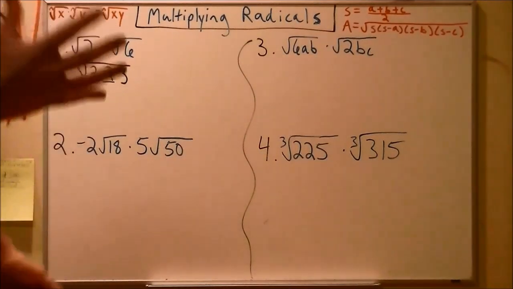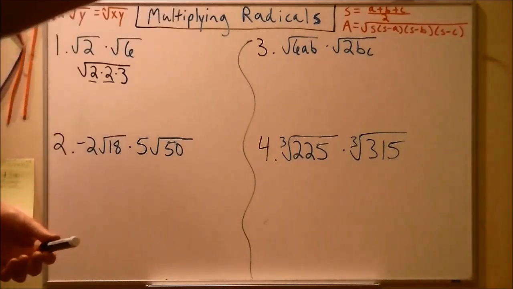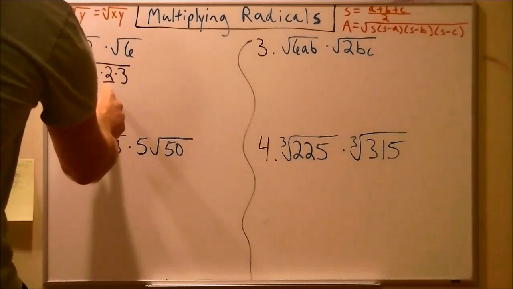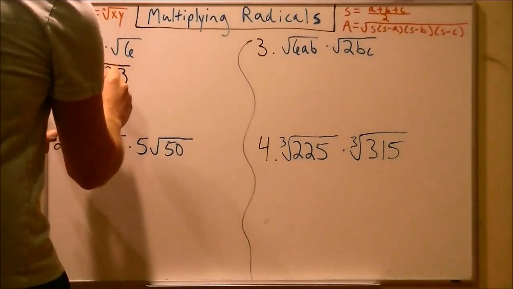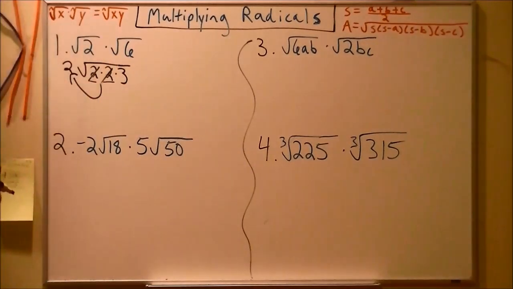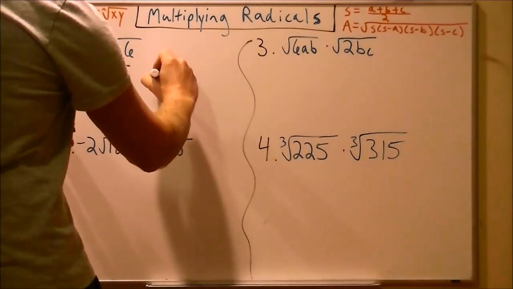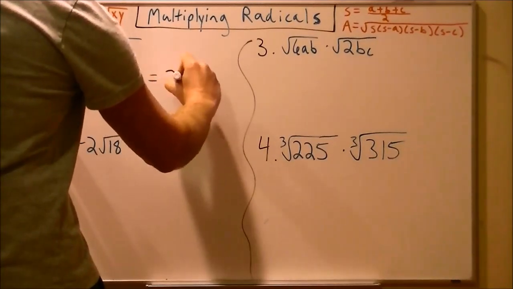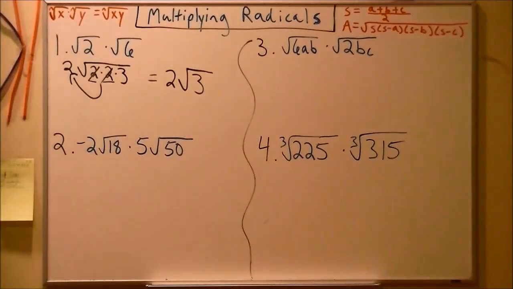But you can almost take a shortcut and say, well, under a square root, if I see 2 of them, I just cross out the 2, and I pull out one of those 2's to the outside. And so that's what I'm going to do. I'm going to pull out 1, 2, and cross out those 2. And so simplified, the square root of 2 times the square root of 6 is 2 square root of 3.